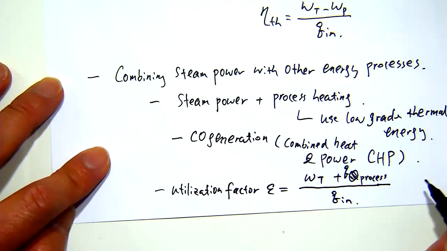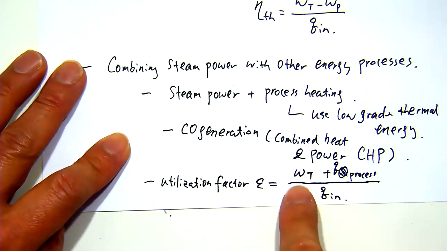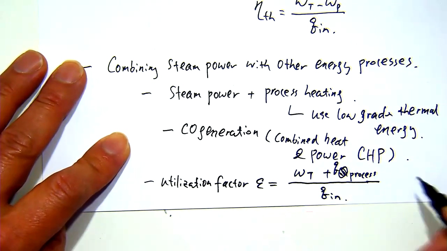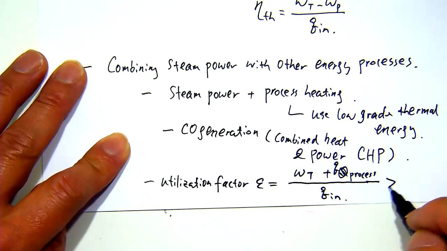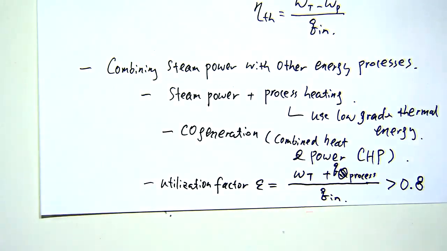So this process can achieve a utilization factor, which combines the useful work and the process heating over the input, of over 0.8. Which means 80% of the energy can be used effectively. We don't call this efficiency because this is not a heat engine.